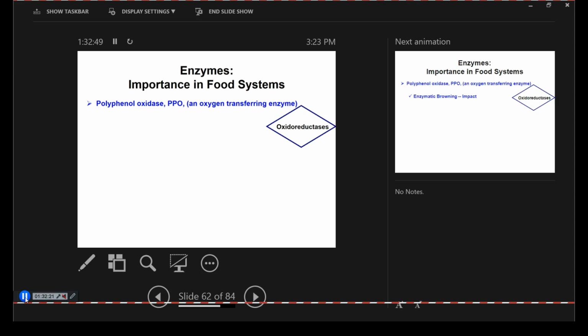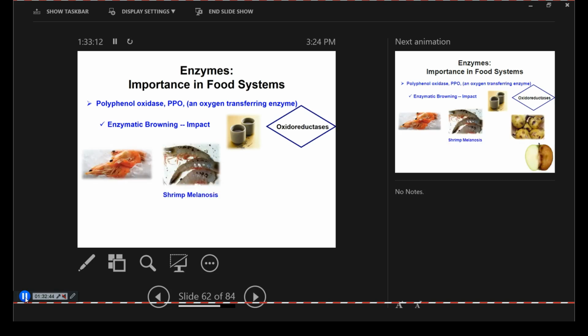Polyphenol oxidase is one of the most troublesome enzymes in food systems, and a lot of work has been done on inactivating it or eliminating it from certain crops. The impact of that enzyme is basically browning, and sometimes it's desirable, like in tea. Sometimes it's really not desirable.